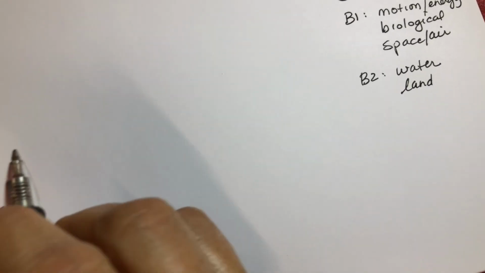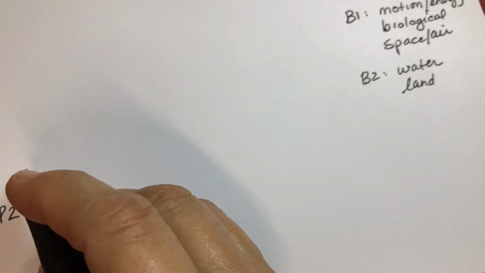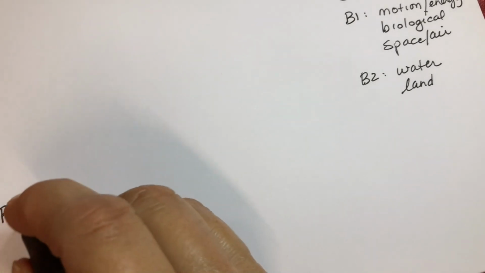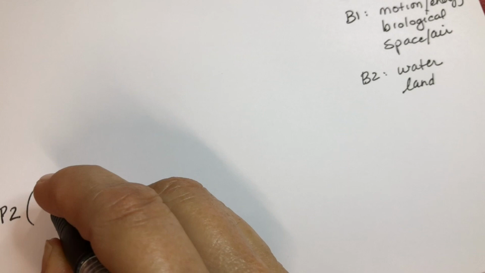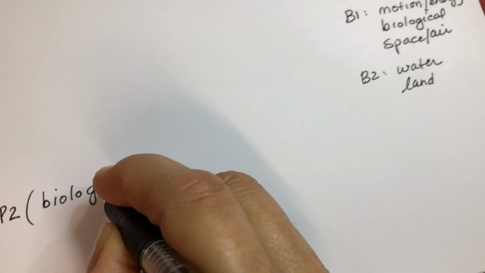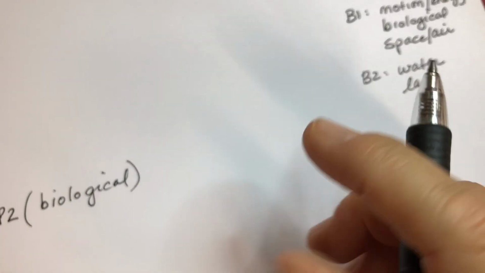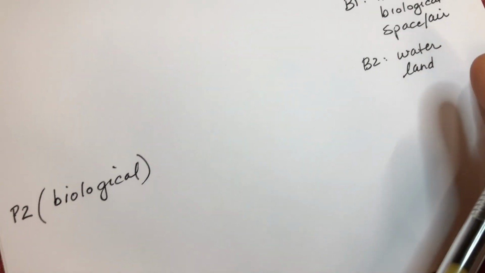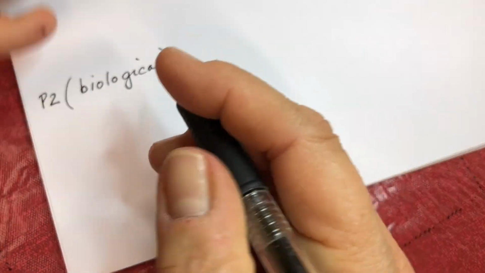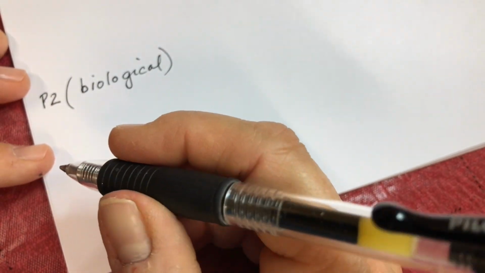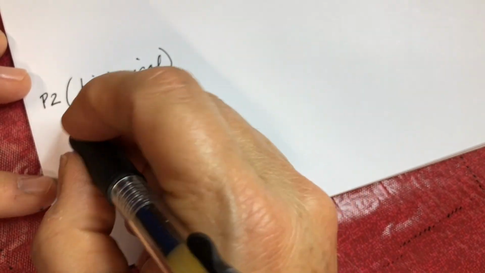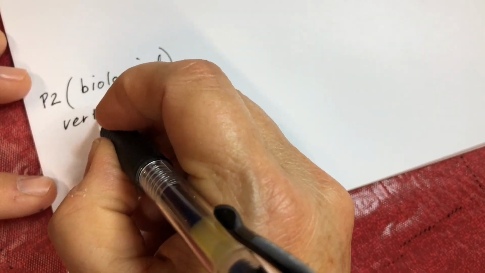Which one would you like to start with? I think I'll start with the biological. Okay. Whenever there's activity, I like to start with the biological, just in case the biological is involved in the activity. Vertical.